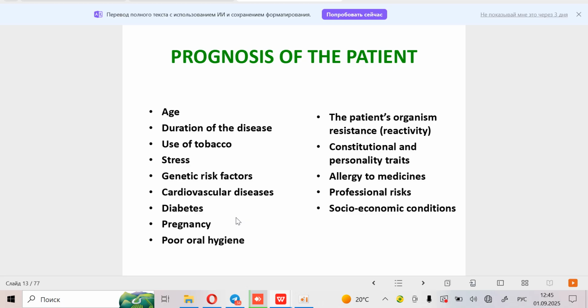Now you can see the prognosis criteria about patient prognosis: age, duration of the diseases, use of tobacco, stress, genetic risk factors, cardiovascular diseases, diabetes, pregnancy, poor oral hygiene, the patient organism resistance, reactivity, constitution and personality traits, allergy to medicines, professional risk, social economical condition.